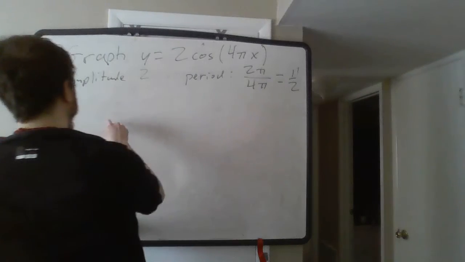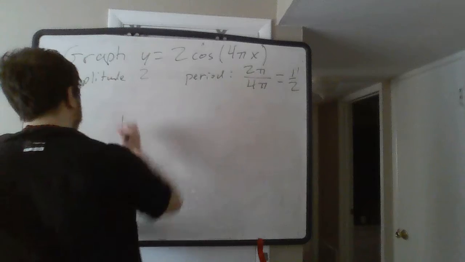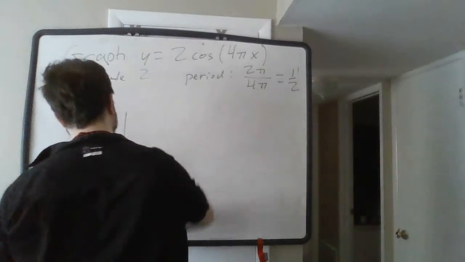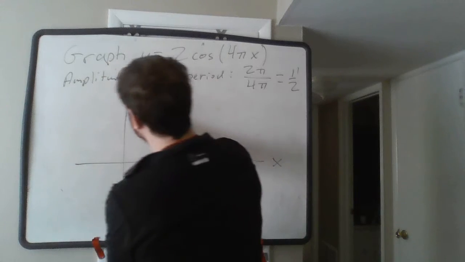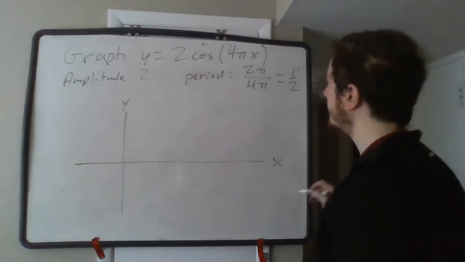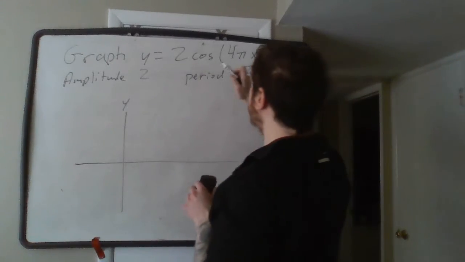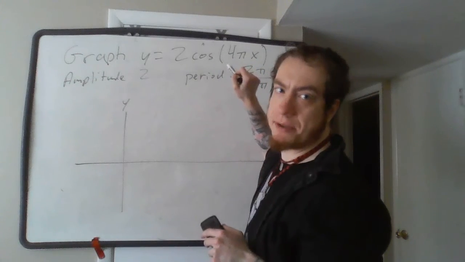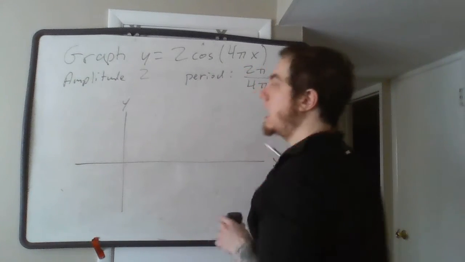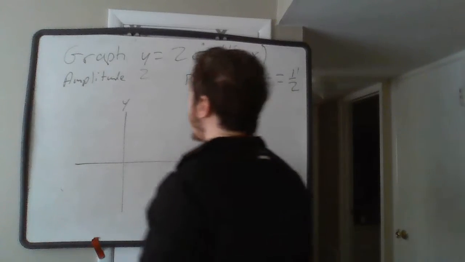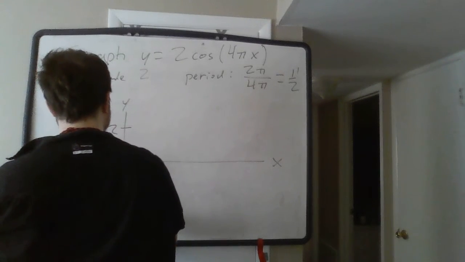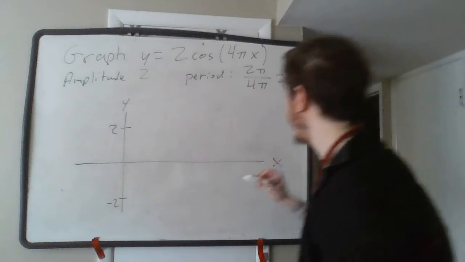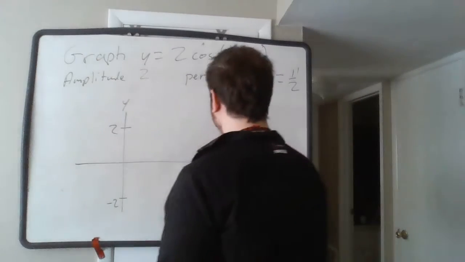And that means I can make my graph, possibly because I have trouble drawing straight lines. Here's x, here's y. It's going to give me something that is the same shape as the cosine graph. However, the new height is going to go between positive 2 and minus 2, and the period is going to be 1/2.